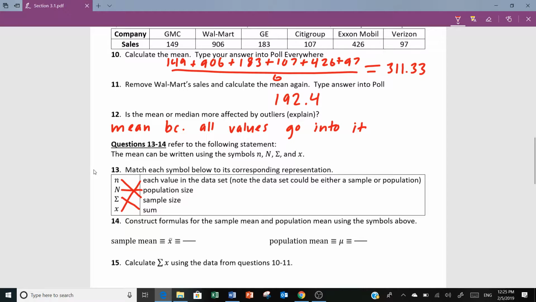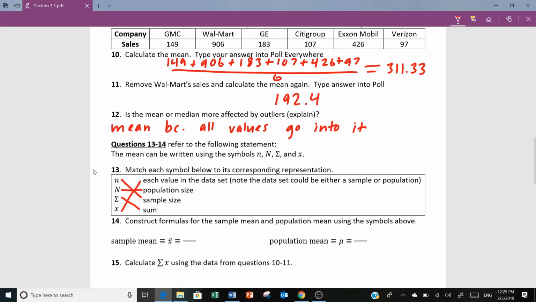Okay, now that we've deciphered the symbols, we want to construct formulas for the sample mean and the population mean. So for the sample mean, the symbol is x bar, and for the population mean, the symbol is mu. Remember that the mean means to sum all the values and divide by the total.